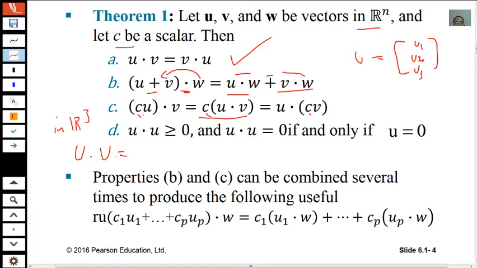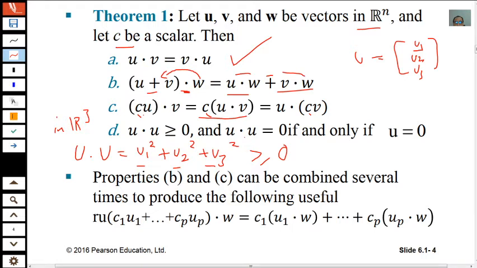So the dot product of u by itself will be u1 squared plus u2 squared plus u3 squared, and every term here is non-negative, which means that the addition of them is also non-negative.